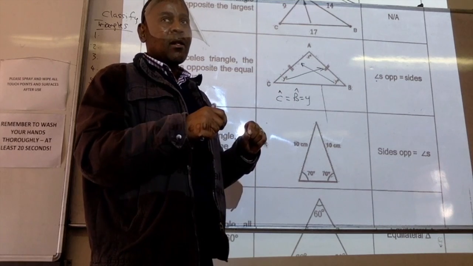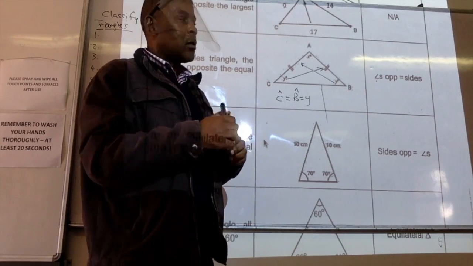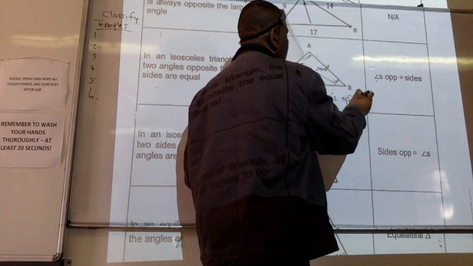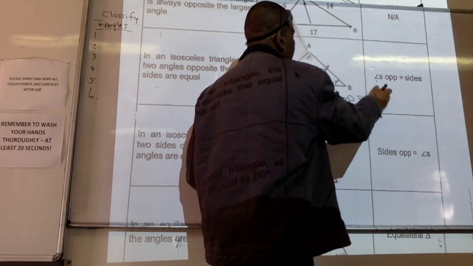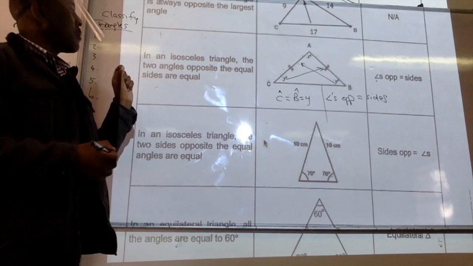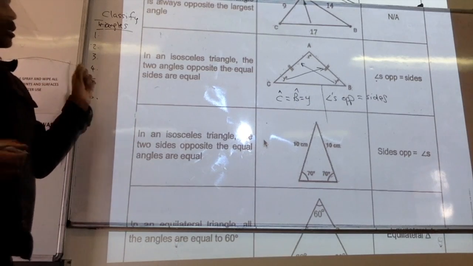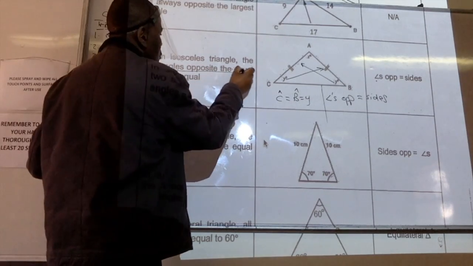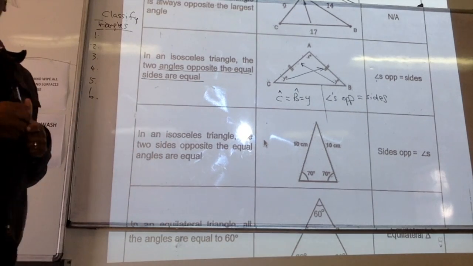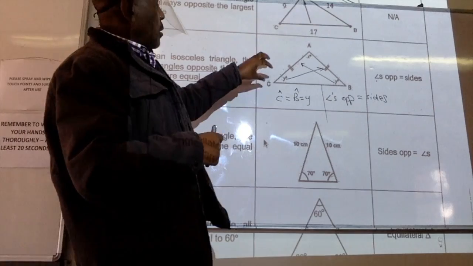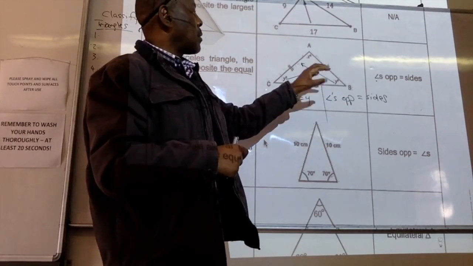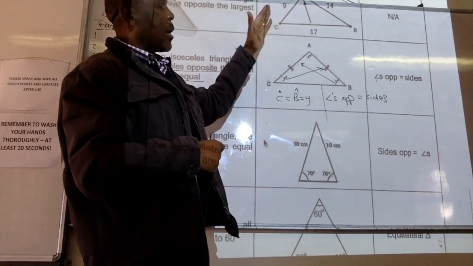This is because the angles are opposite equal sides. So the thing is, guys, angles opposite equal sides are equal. So angles opposite equal sides are equal. Therefore, angle C is equal to angle B. The reason is because these two angles actually are opposite equal sides.